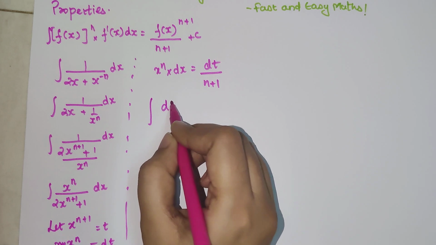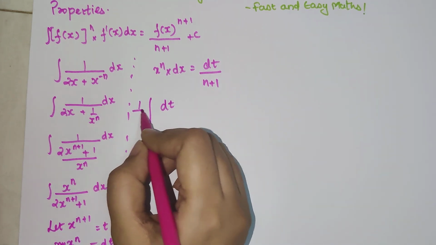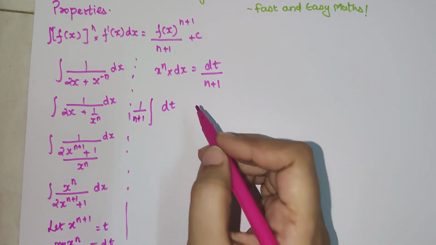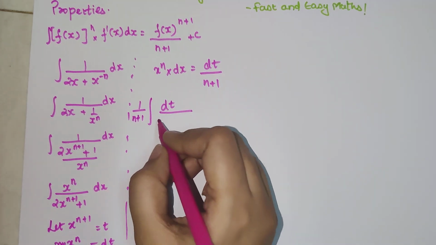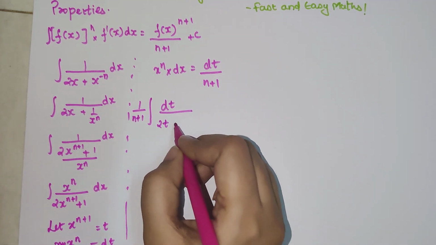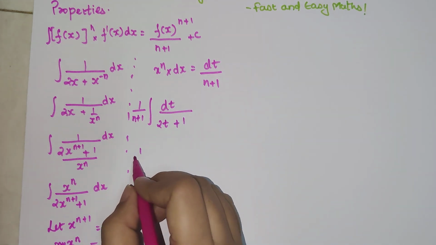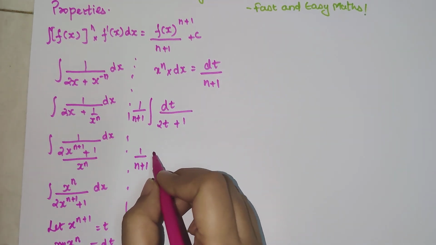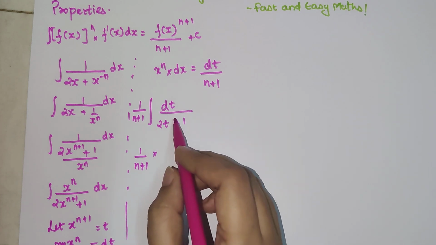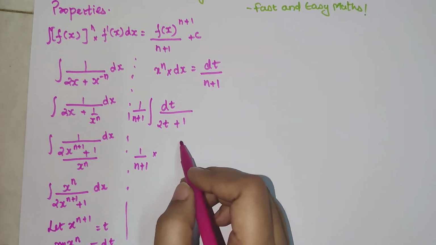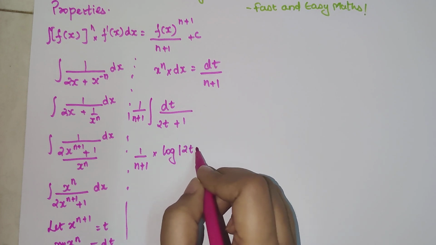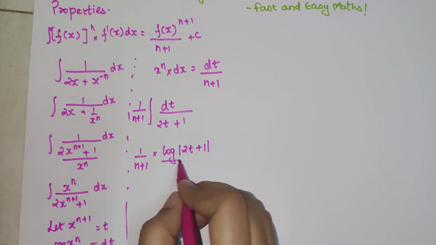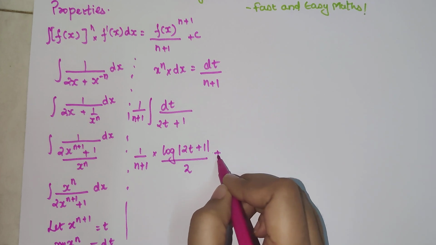Since this is a constant, I can put it directly outside: 1 upon n plus 1 into the integration of 1 upon 2t plus 1, which can be written as log mod 2t plus 1 divided by 2 plus c.